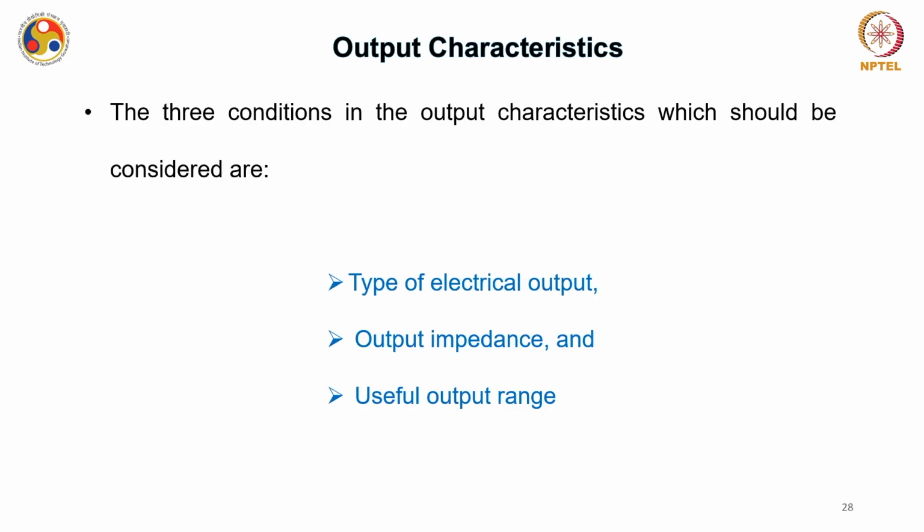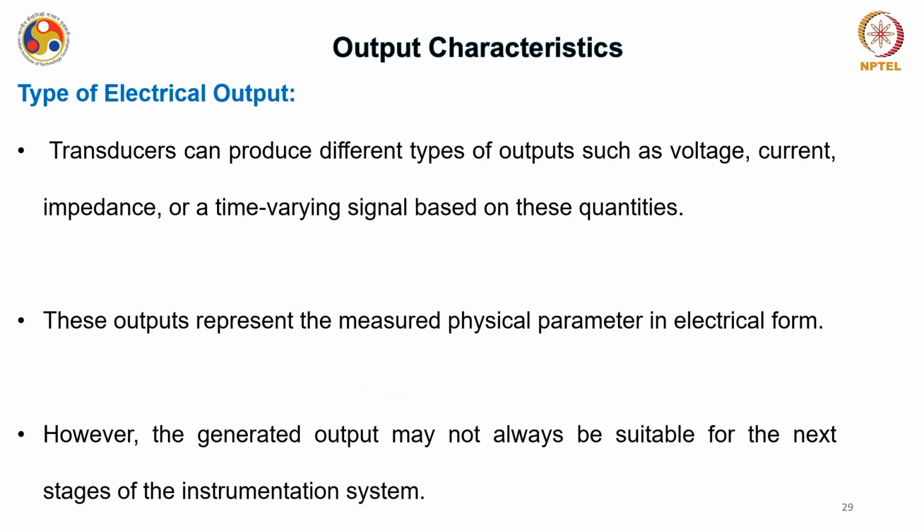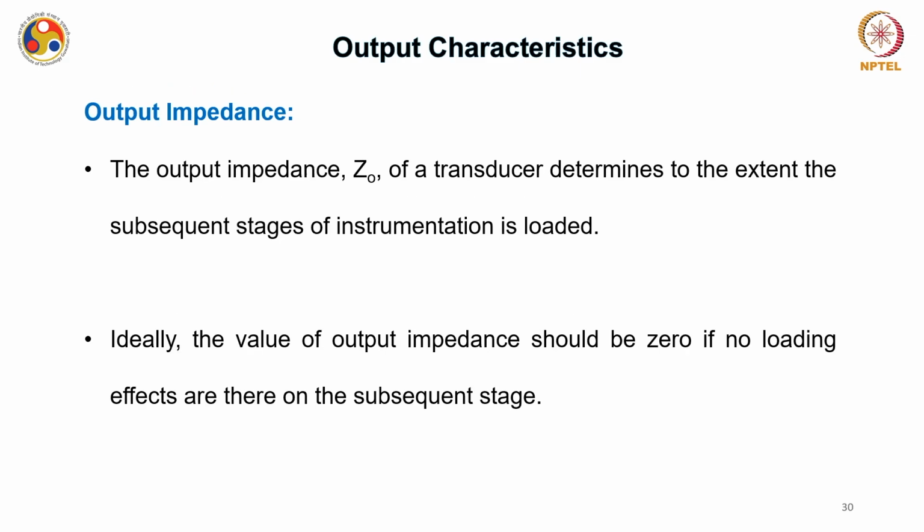Now let us see the first one, which is the type of electrical output. The transducers can produce different types of outputs. You can get output in the form of voltage, current, or impedance, and so on. Or you can also get a time varying signal based on all these three quantities. These outputs represent the measured physical parameter in electrical form. However, the generated output may not always be suitable for the next stages of the instrumentation system.